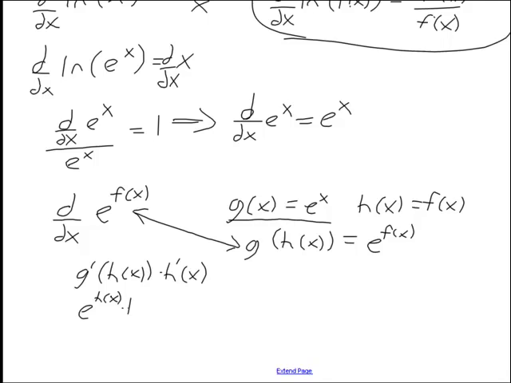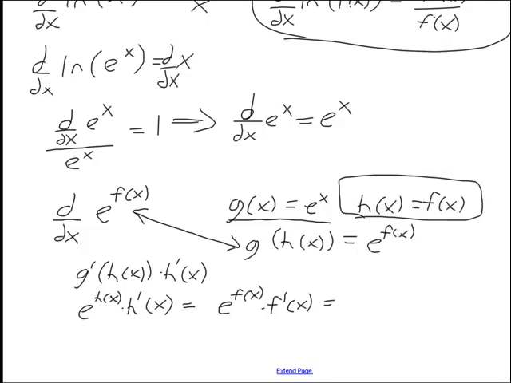And it will be multiplied by h prime of x. But what do we know? h of x equals f of x. So that means that e to the f of x times f prime of x is indeed the derivative of e to the f of x.